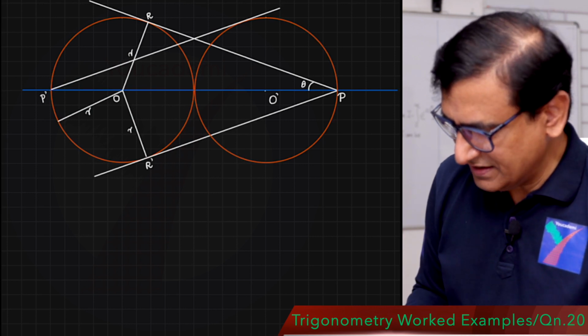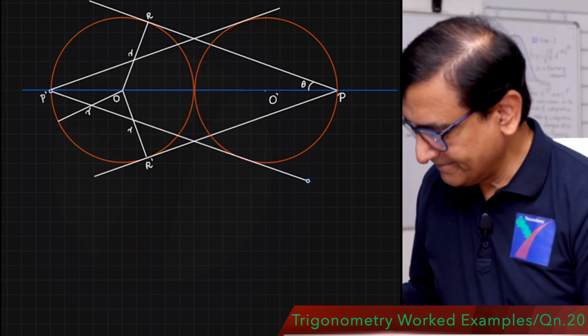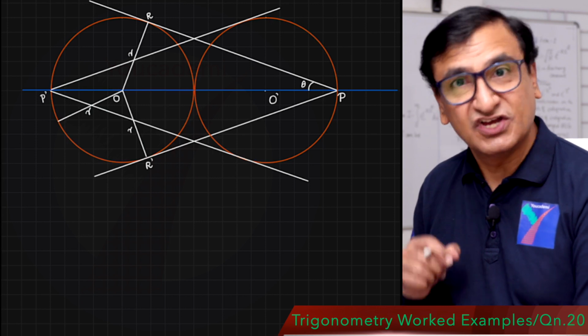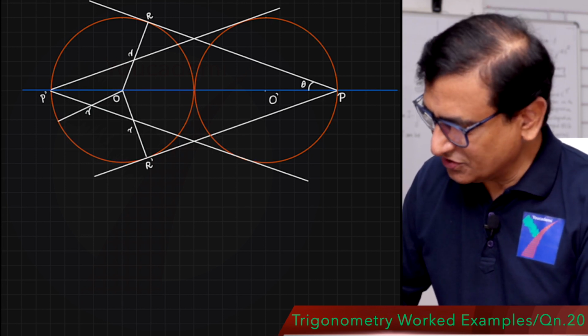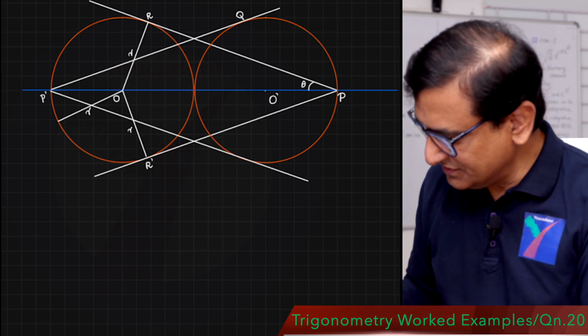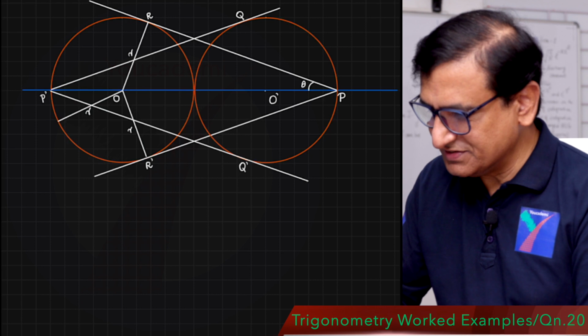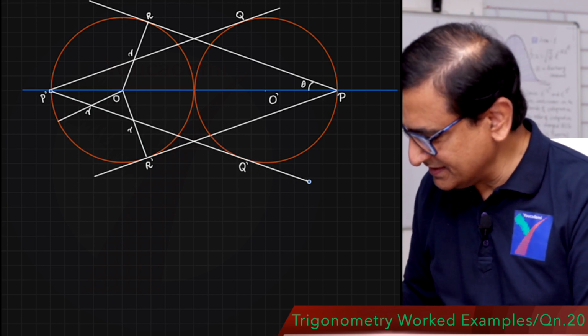Okay, then the next tangent. Okay, so let's call the points of tangency Q and Q prime. So this is Q and this is Q prime. Let me adjust the tangents properly so that the geometry is precise.